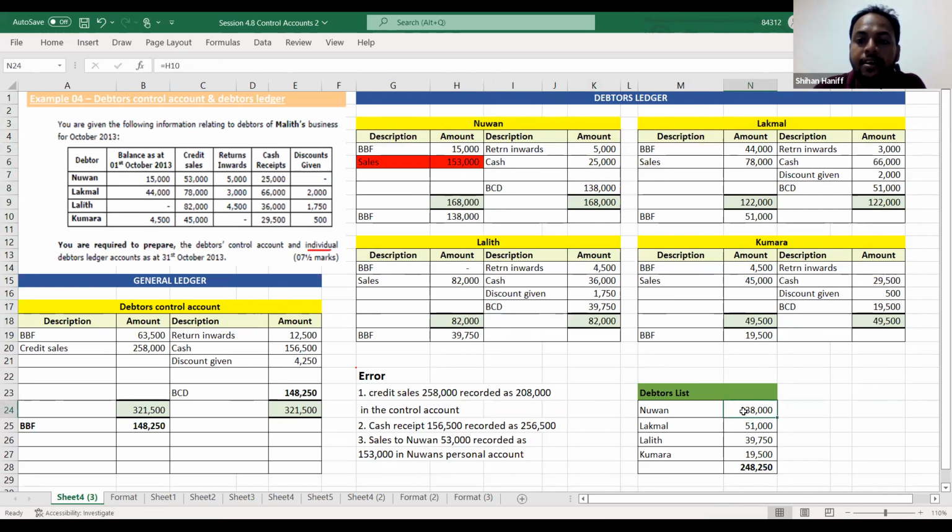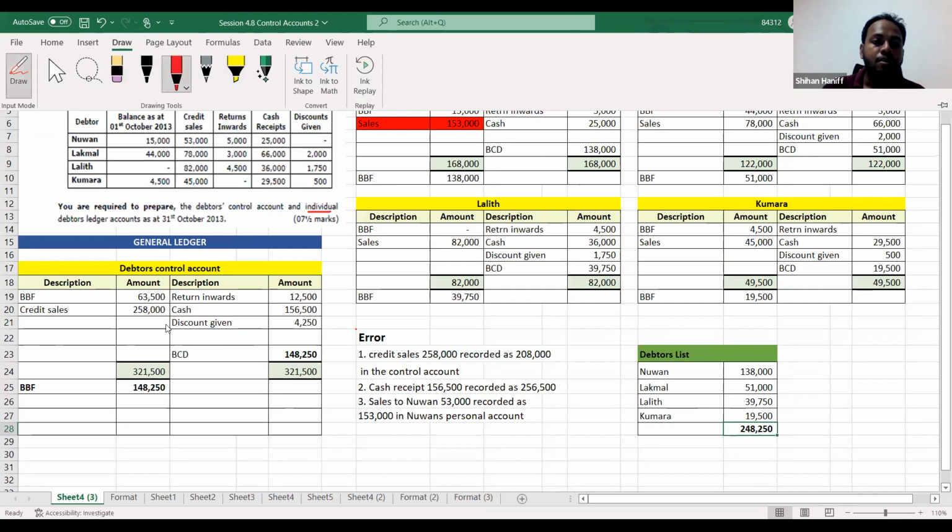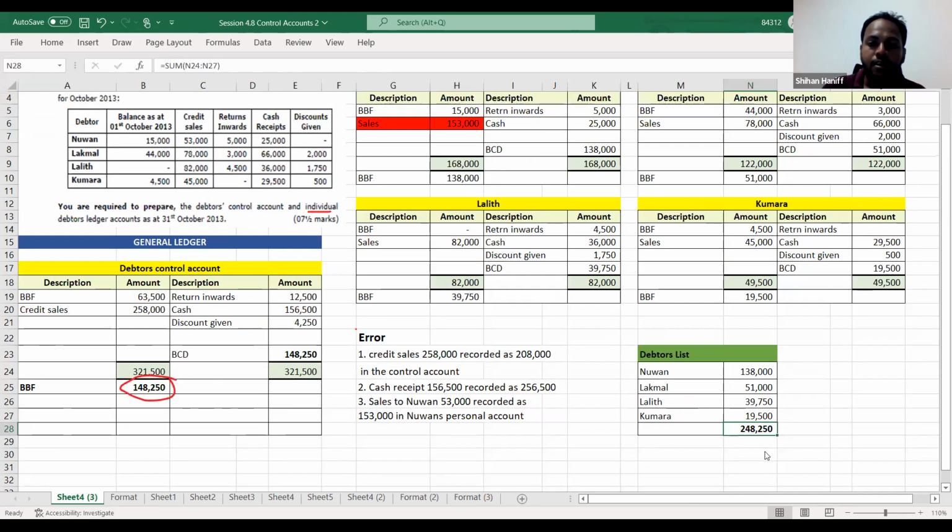So this becomes 138,000. Earlier it was 38,000. Now 100,000 increase means Nuan's personal account balance increased to 138,000. So the total debtors list balance is 248, while this is 148. Debtors ledger balance is 248.